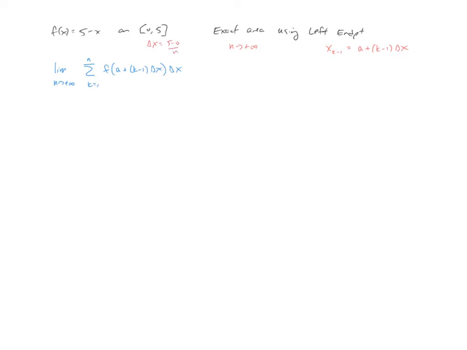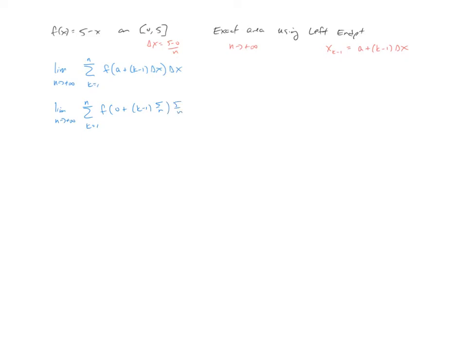We don't have a specific number, we have n going to infinity, so we have 5 over n being our delta x. So carry this notation down, and we'll have f of 0 plus k minus 1 times 5 over n times 5 over n.